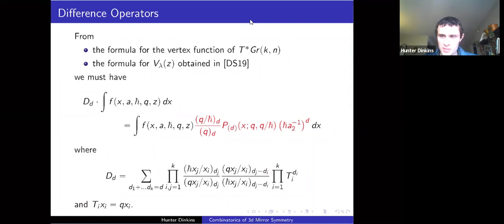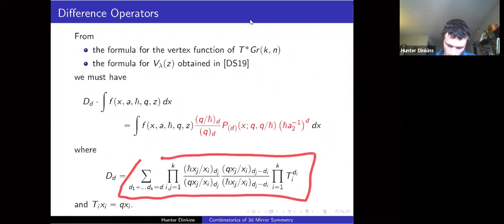When you look back to T star Grassmannian and you use the explicit formulas that have been obtained by myself and Andrey Smirnov for these point quiver variety vertex functions, and you use both of these facts and make a wish list of what kind of difference operator it's going to have to be, it turns out that, if everything is not broken so far, the difference operator that expresses this descendant insertion of a Macdonald polynomial is given by this right here.